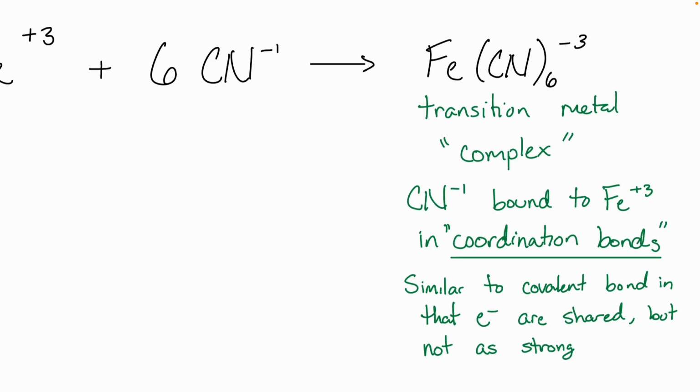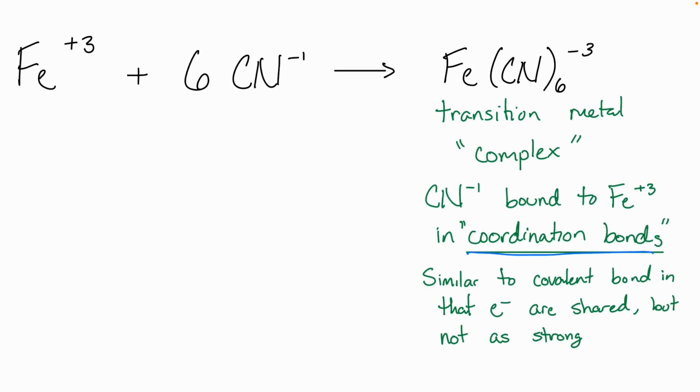Okay, they got their own special name when we're talking about these transition metal complexes. Again, these are called coordination bonds. What's the difference between a coordination bond and a polar covalent bond? So polar covalent is that those electrons are being shared between those two atoms.